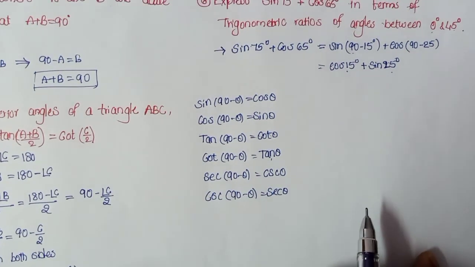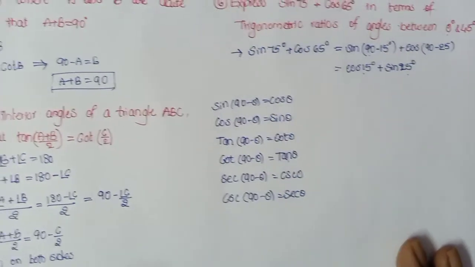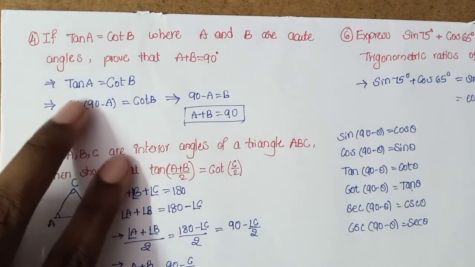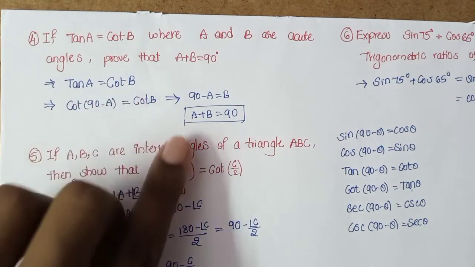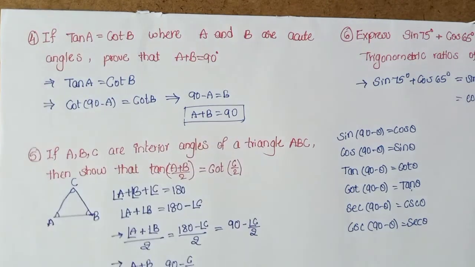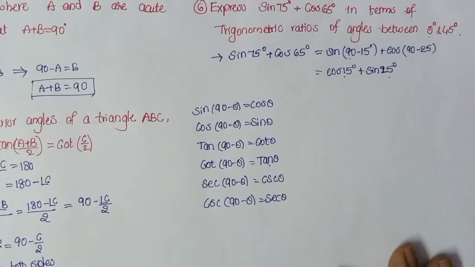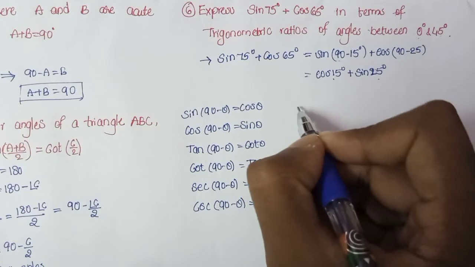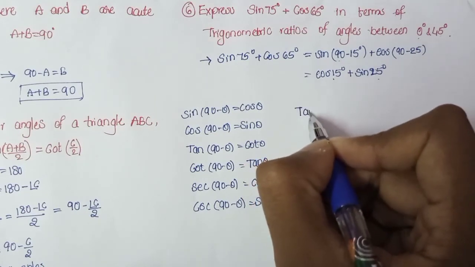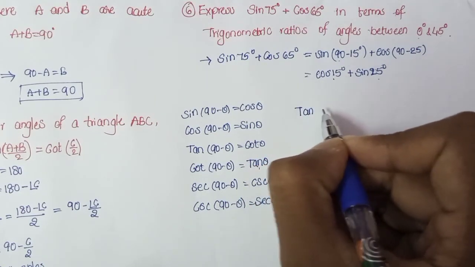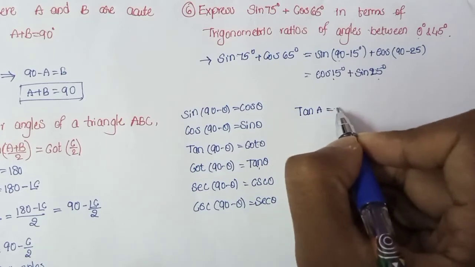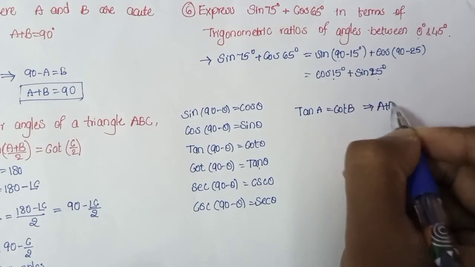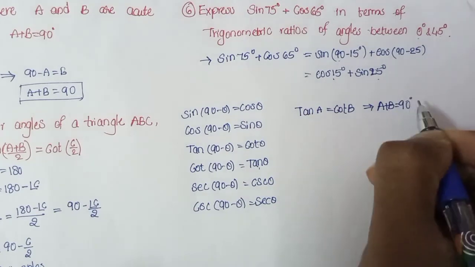And one more relationship from problem number 4 we have seen: tan A is equal to cot B such that A plus B is equal to 90 degrees. From this relationship we can conclude three things. If tan A is equal to cot B, then A plus B is equal to 90 degrees.